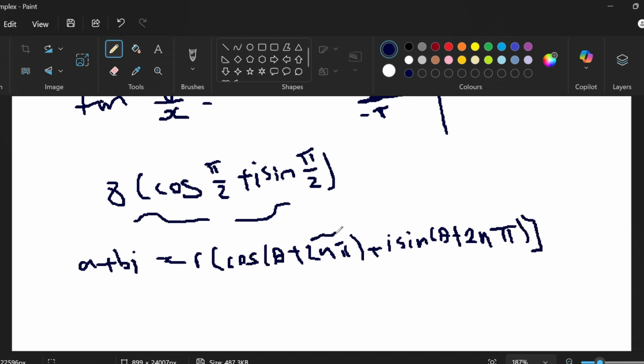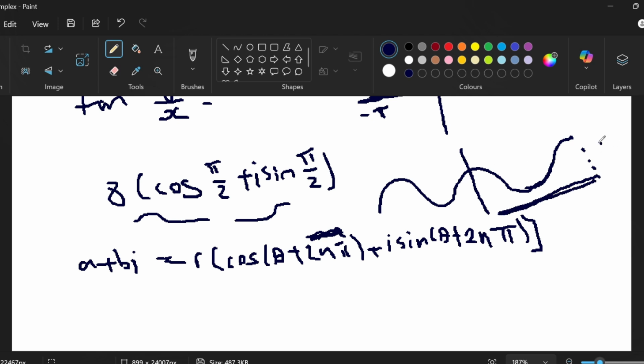And where this 2n pi figure comes from is because trigonometric functions are periodic. So if this is a cosine wave here, then after 2 pi radians, or 360 degrees, it starts to repeat itself.